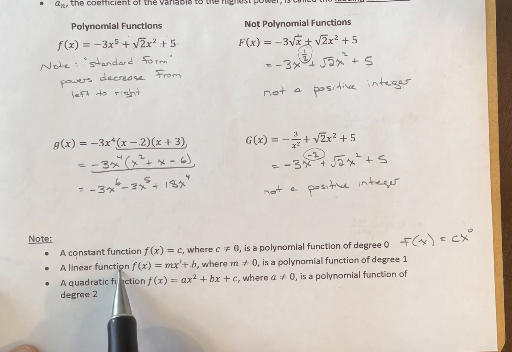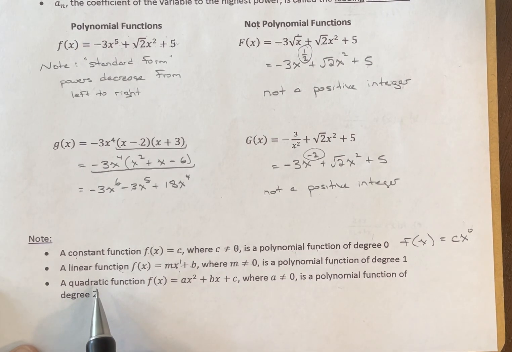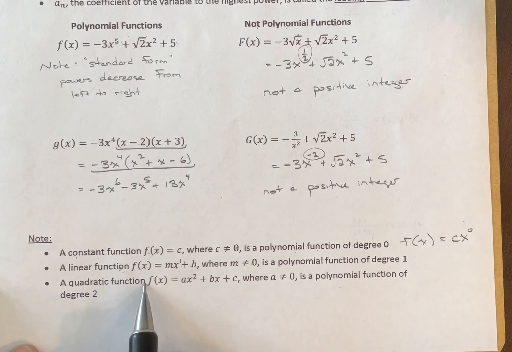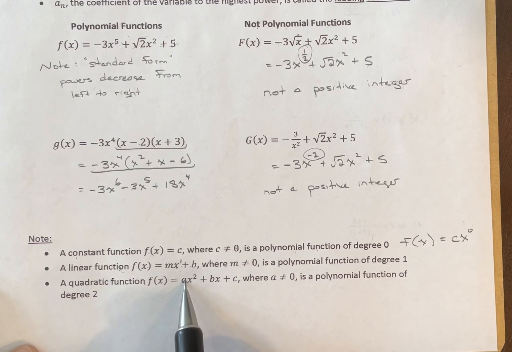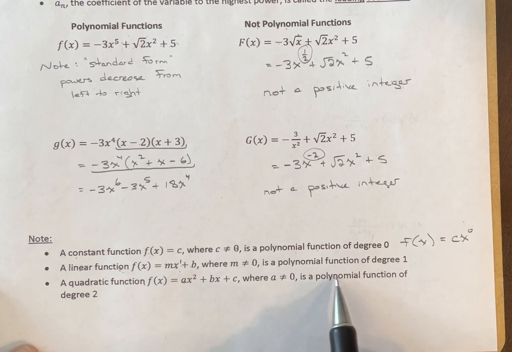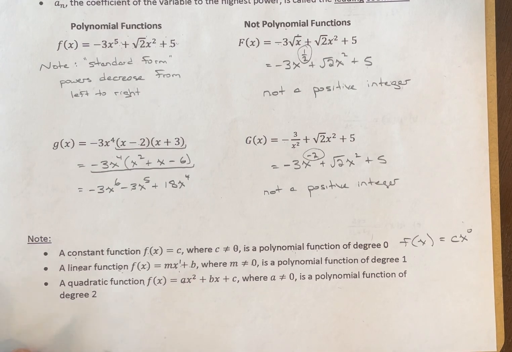So a linear function is also a polynomial function. And finally, we mentioned this earlier, a quadratic function, ax squared plus bx plus c, as long as your coefficient of the x squared term is not 0, which is required so that it's a quadratic, is also a polynomial function, and its degree is 2.